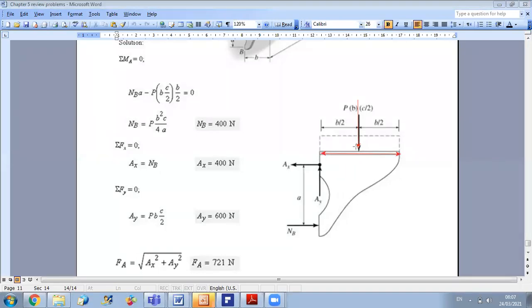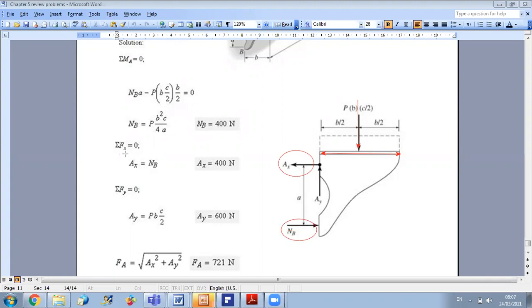So now, all we have to do to find AX, AY, and NB is to do the equilibrium equations because we have three unknowns, AX, AY, and NB. So the first relation can be sum of forces along X. Along X, we only have AX and NB. So we can write that plus NB minus AX equal to 0.